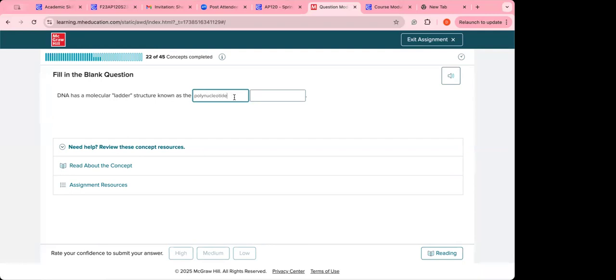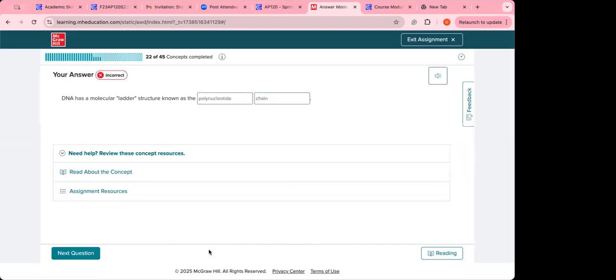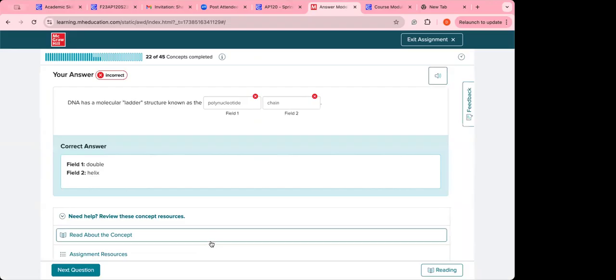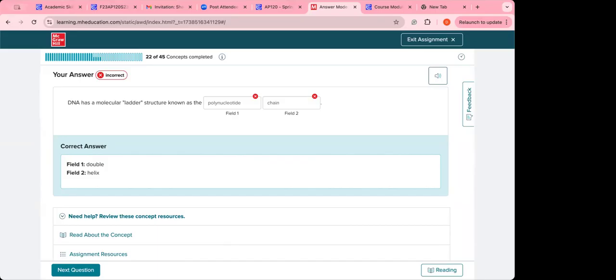And then the second word is chain. There you go. Let's see if that's what they wanted. Is it? No. Oh, double helix. Okay. So you wanted the double helix structure.